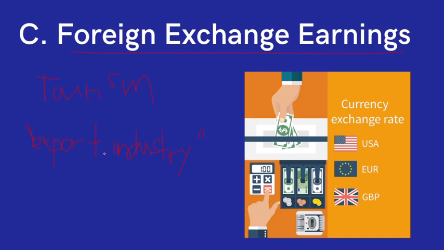A specific nation or country has a greater contribution to its GDP if visitors are coming from other nations, or what we call foreign visitors. So again, tourism is also referred to as an export industry.